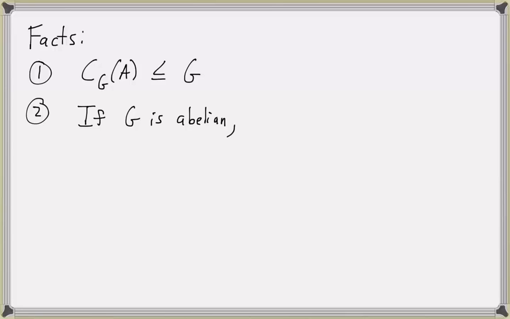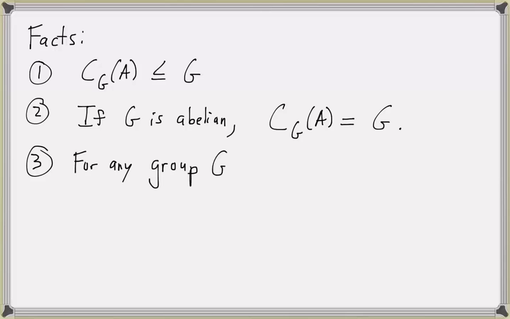First, the centralizer of A in G is actually a subgroup of G. Secondly, if G is abelian, then every element of G commutes with every element of A. So therefore, the centralizer of A in G would equal all of G. Third fact, for any group G, we can recognize the center of G to be the set of all elements that commute with G. So therefore, we could write this as the centralizer of G in G.